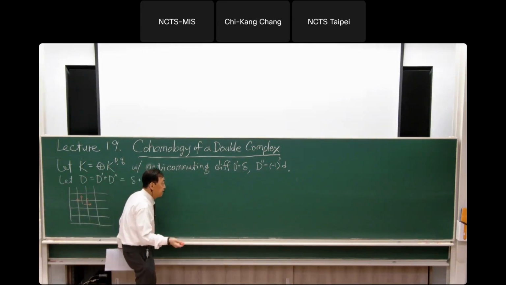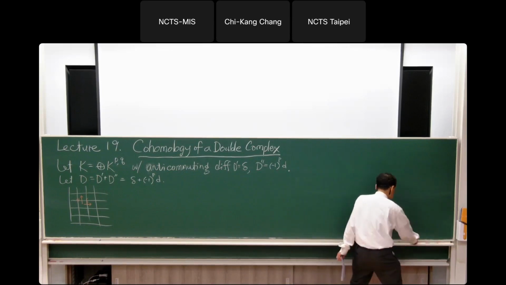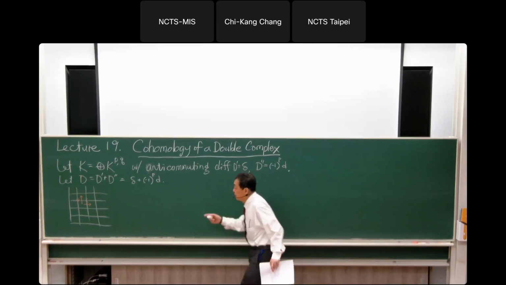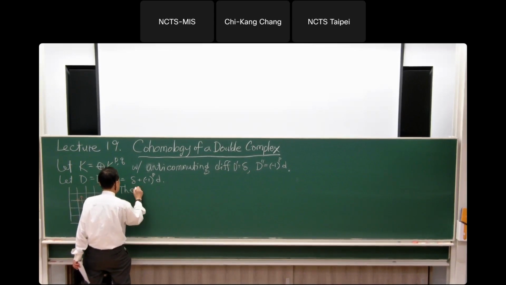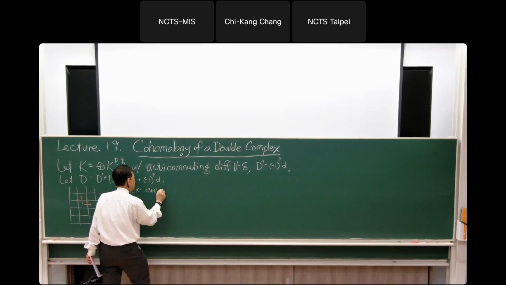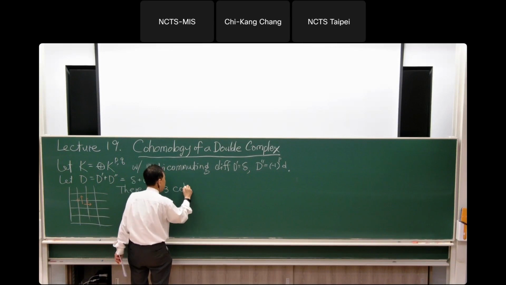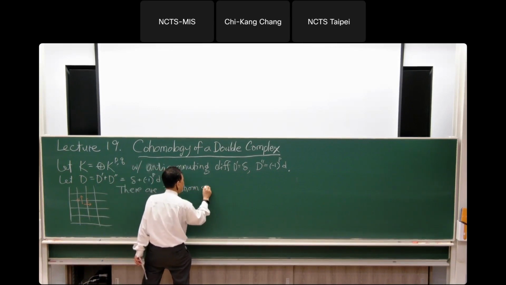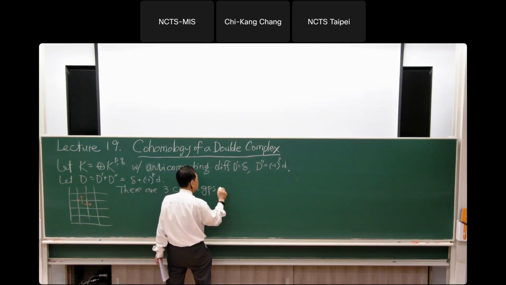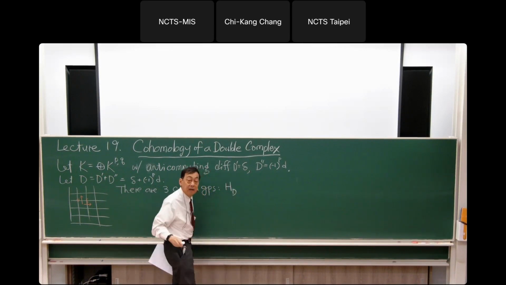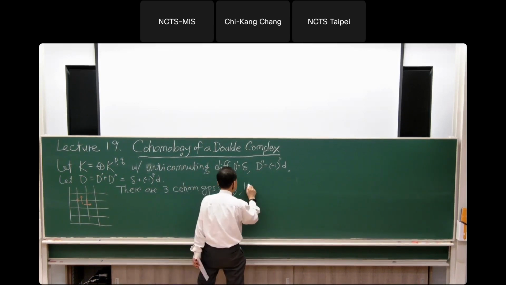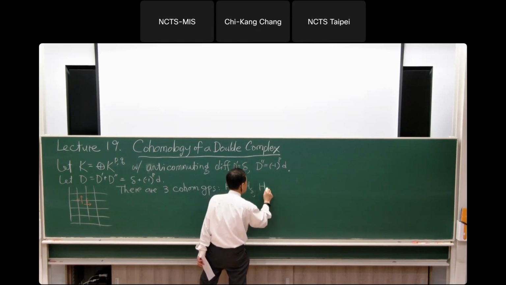So in fact, there are 3 cohomology groups associated to a double complex: H_D, H_delta and H_d.